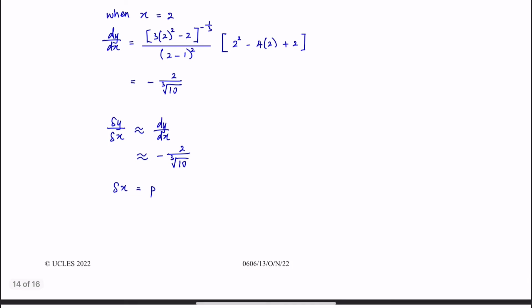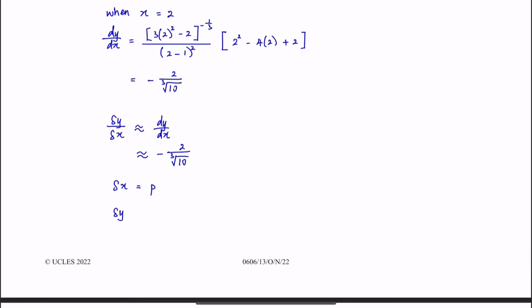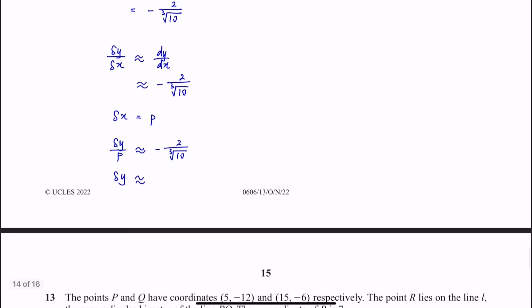So we have the approximate increase in y over p is approximately negative 2 over cube root of 10. So the approximate increase in y is around negative 2 over cube root of 10 times p.